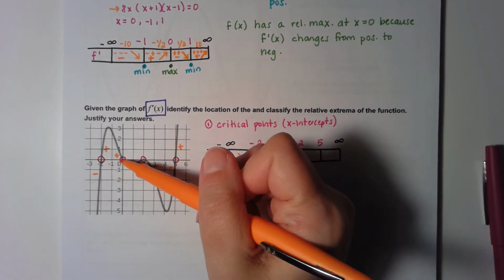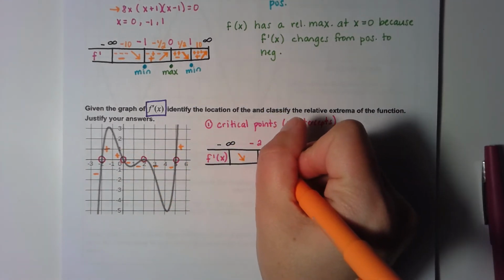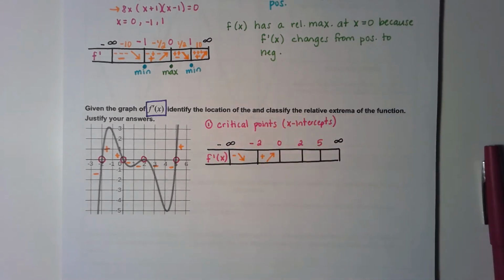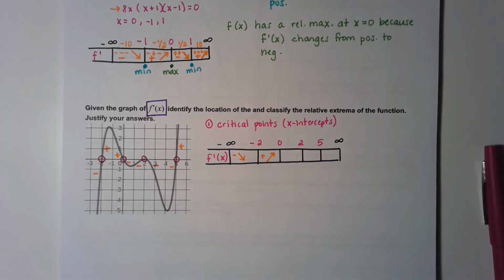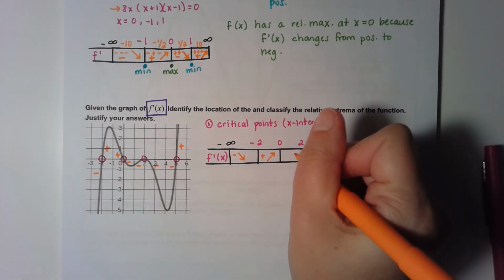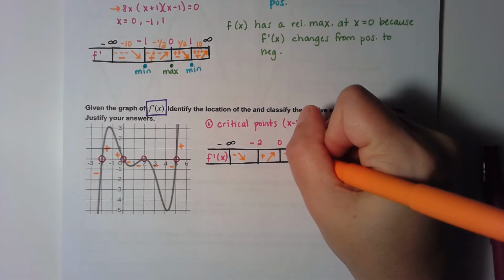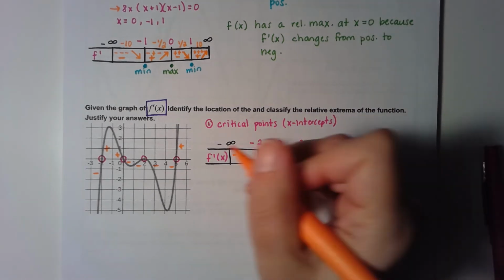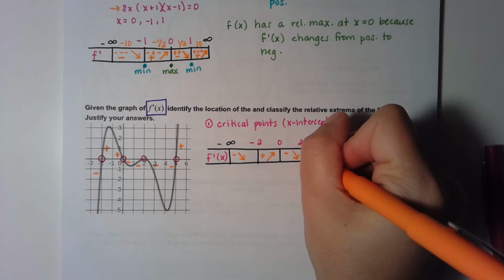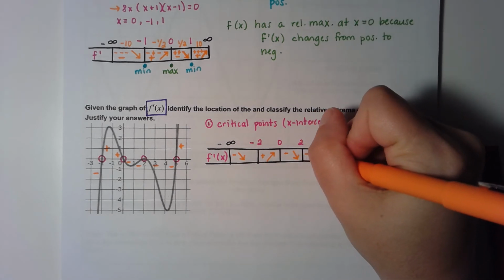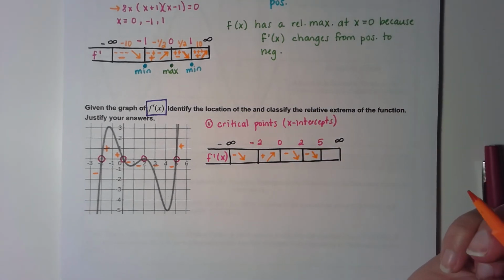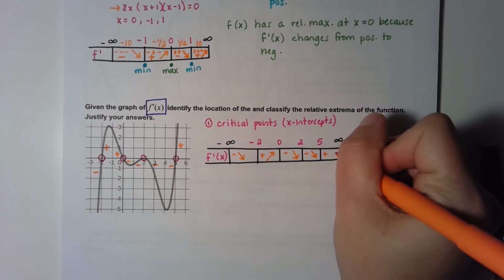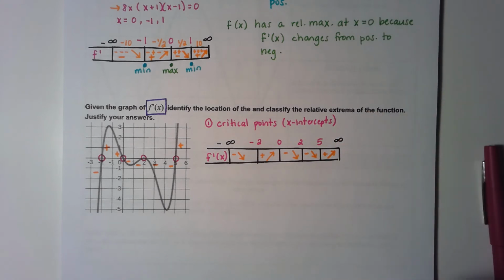In between the -2 and the 0, we decided the original graph had a positive slope because it's above the x-axis for that section of the graph. In between the 0 and the 2, we decided the original had a negative slope because this is below the x-axis. In between the 2 and the 5, we decided the original continued to have a negative slope because it's below the x-axis. And after the number 5, we decided the original has a positive slope because it's above the x-axis.